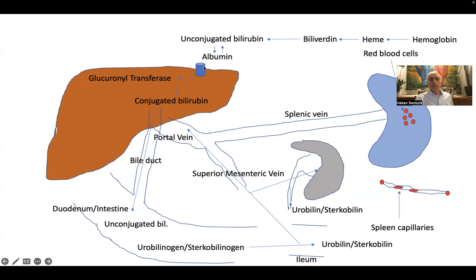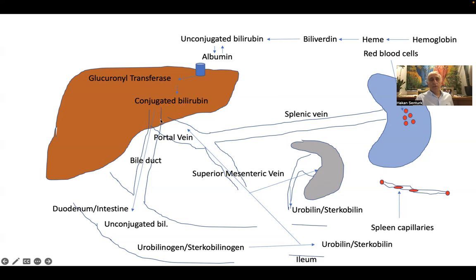In the liver, with a special type of receptors, it is taken into hepatocytes, and in hepatocytes, the enzyme which is responsible for the conversion of bilirubin from unconjugated to conjugated bilirubin is activated, and conjugated bilirubin is produced.